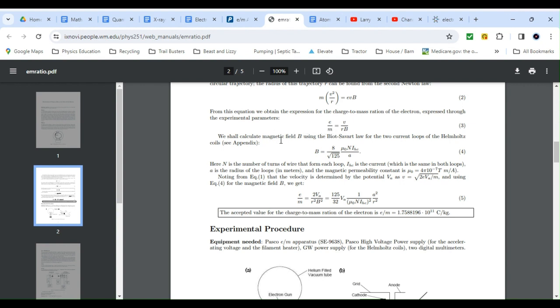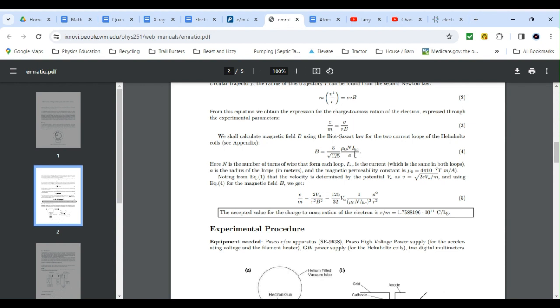Let's see. We shall calculate the magnetic field using the Biot-Savart law for the current loops of the Helmholtz coils. Oh my gosh, what's going on here? We got all kinds of numbers that I don't know how we justify. And here's a bunch of other stuff. Well, let's look at what we do know. I, that's current.